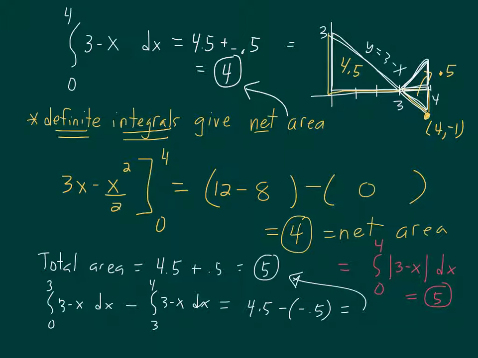But that's of course assuming you're allowed to use a calculator. If you're not, then you have to use this idea of reflecting your region below the x-axis above the x-axis by throwing in a negative here. Okay, if we negate a function, in this case we're negating a definite integral, that is going to turn it into positive area. Okay?